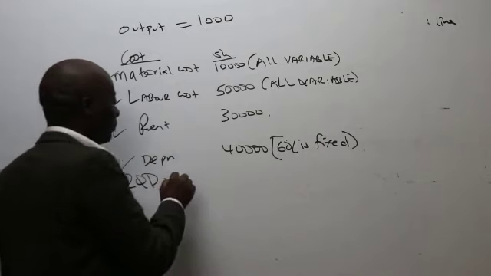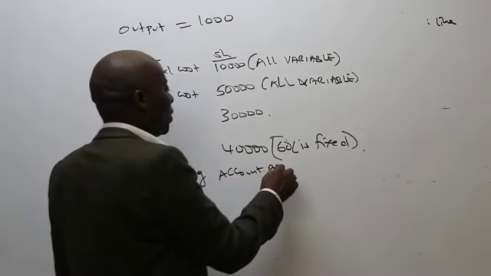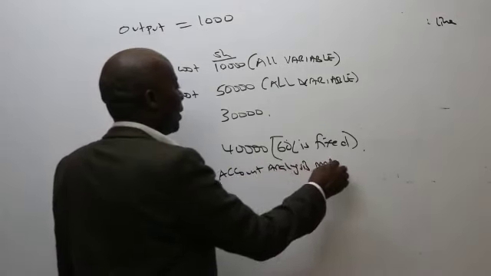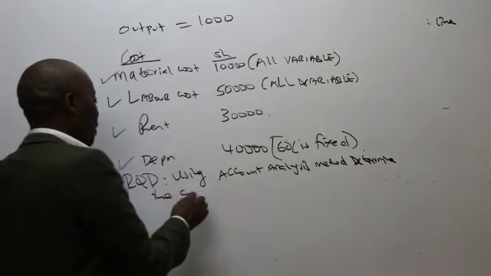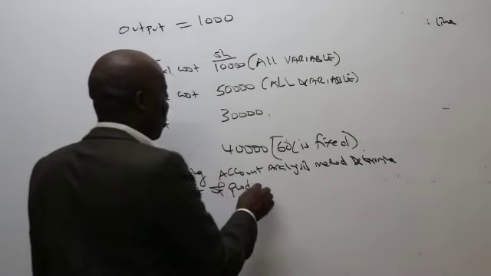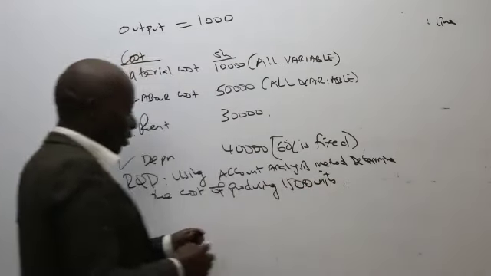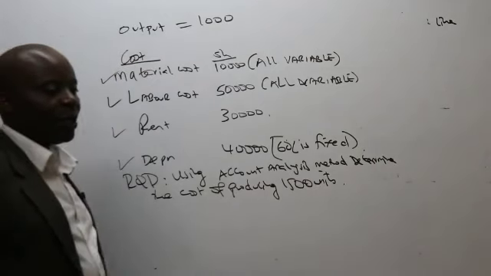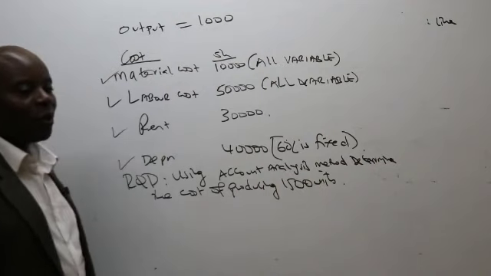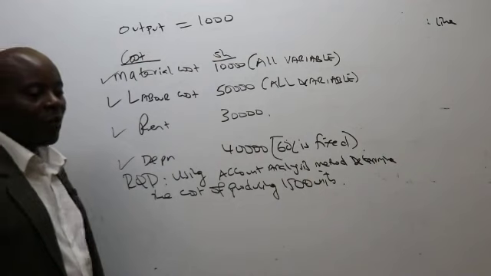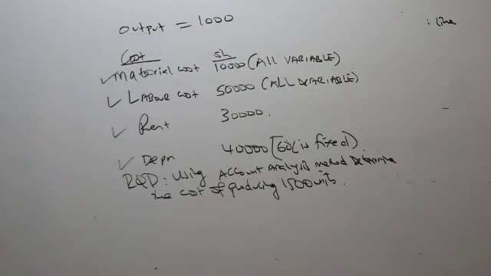Using the account analysis method, determine the cost of producing 1,500 units.